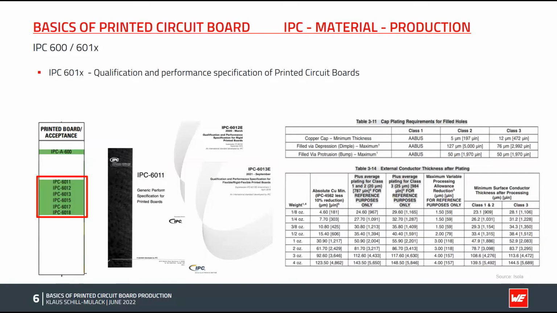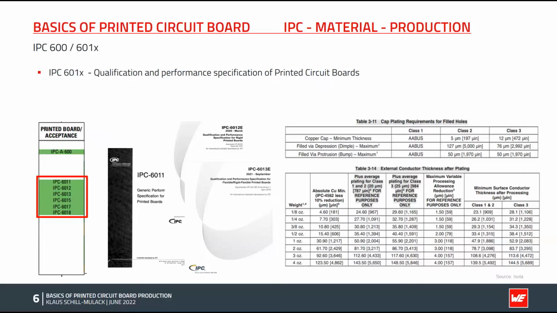The IPC-6010 family, which is divided into different standards for rigid boards, for flexible boards, for high frequency boards or HDI boards, again has various classes for printed circuit boards, and it defines and describes material properties and material values, and classifies them again into 3 defined classes for electronic products, as you can see on the right side.